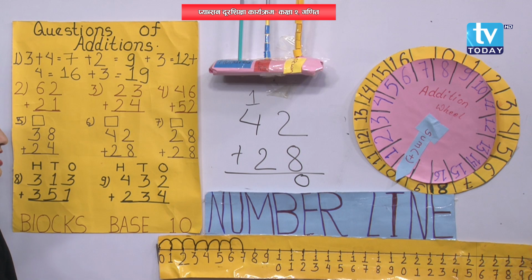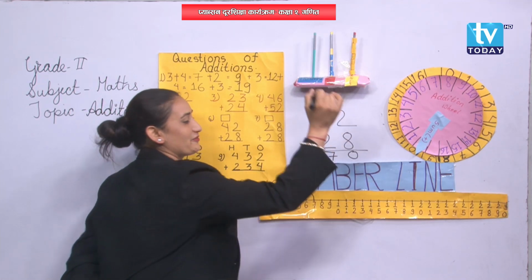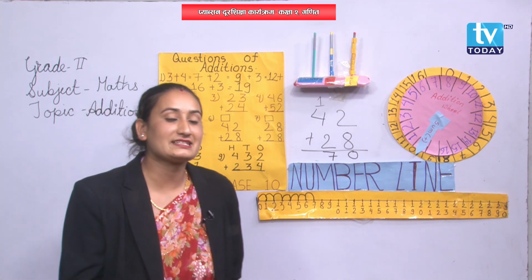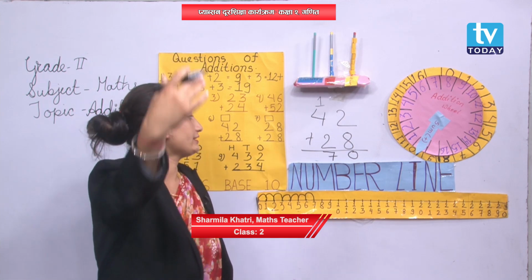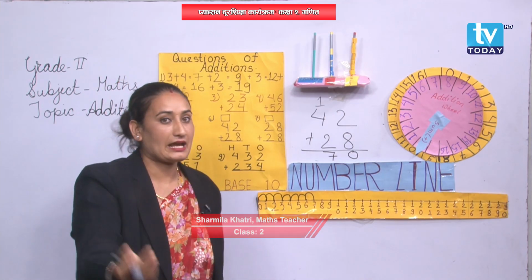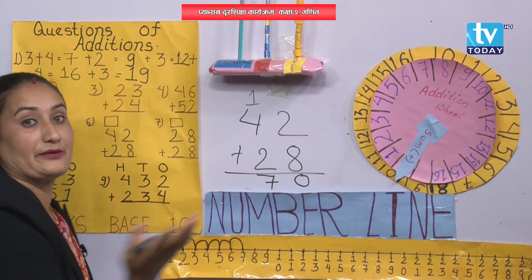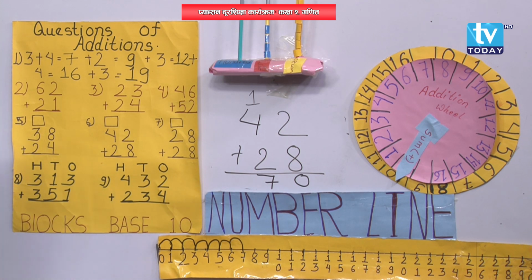Altogether, they are jumping 7 times. So, 7 is the answer. What is the answer now? Altogether, when they jump 42 times and 28 times, altogether they jump 70 times. Do you understand? Of course.